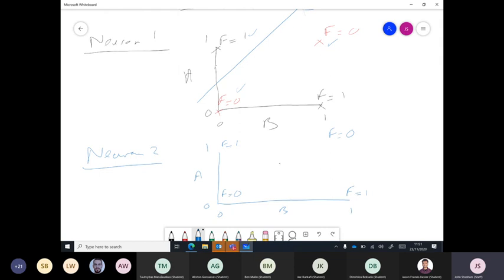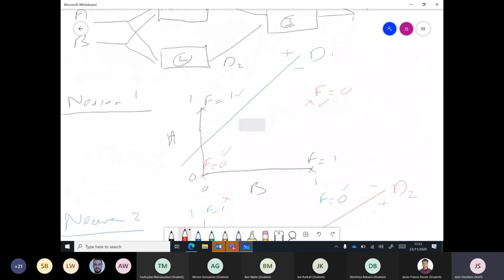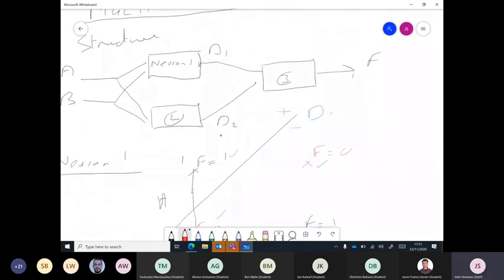And let's put in another decision surface, D2. Let's define D2 as this side negative and this side positive. Checking for errors, F equals 0, negative, correct, correct. F equals 1 on the wrong side, that is incorrect, but this one is correct. But what we've now got is a transform here.